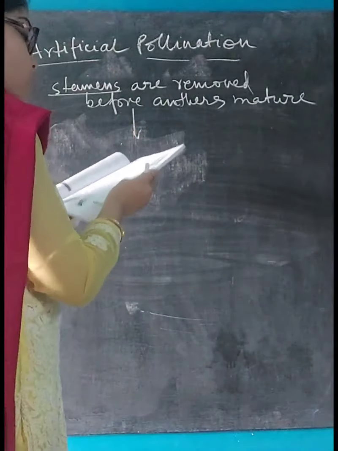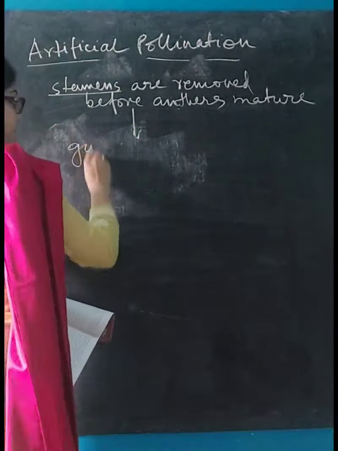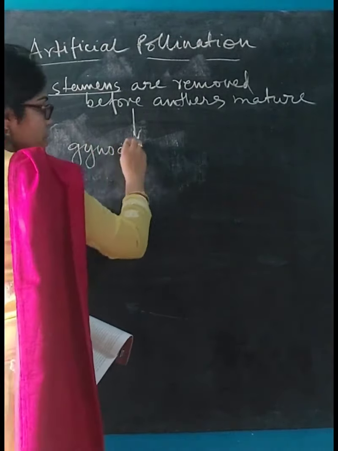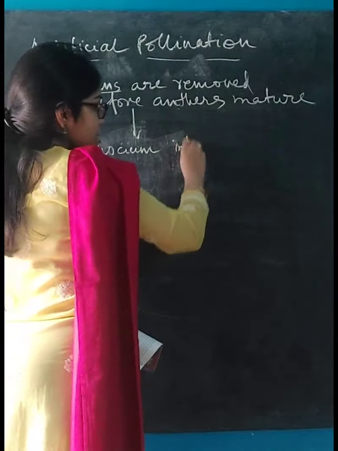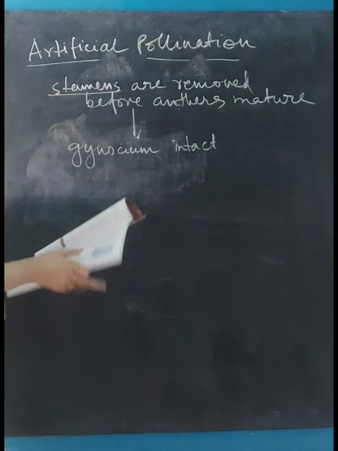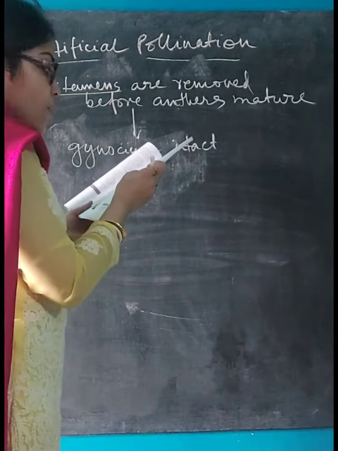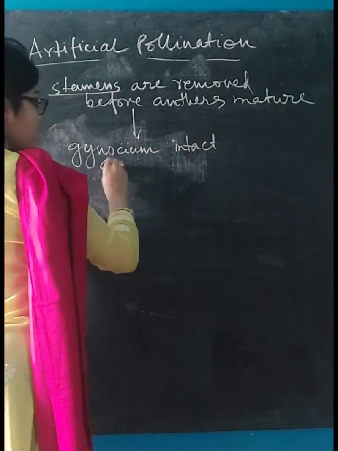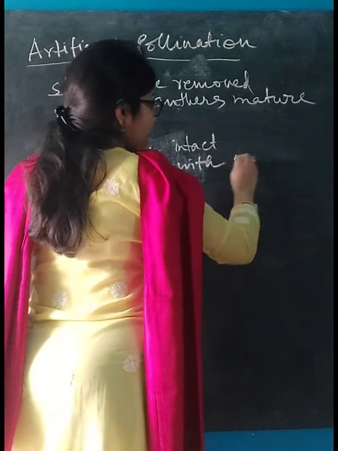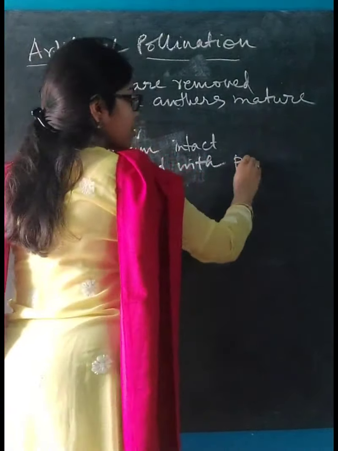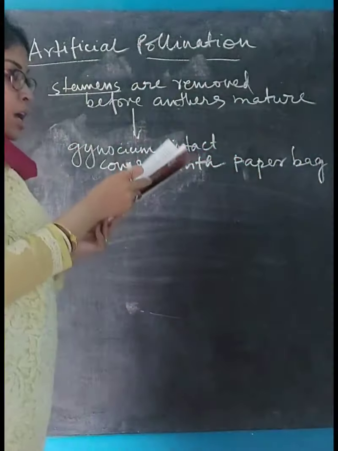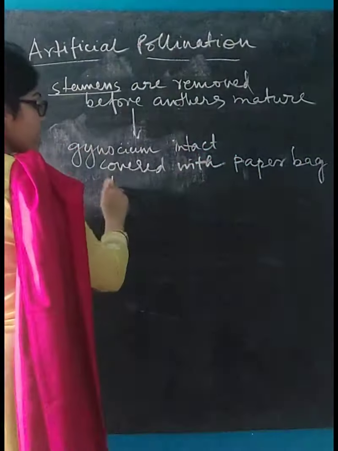This flower with gynoecium intact, that means the female reproductive part. So the gynoecium is intact, it is not removed unlike the stamen. It is covered with a paper or muslin bag to prevent natural pollination.